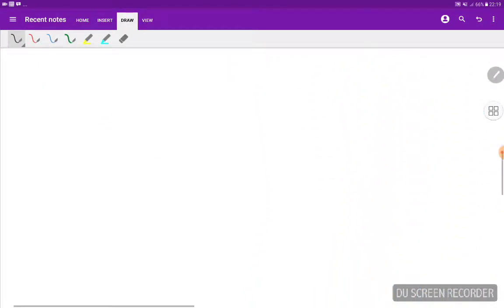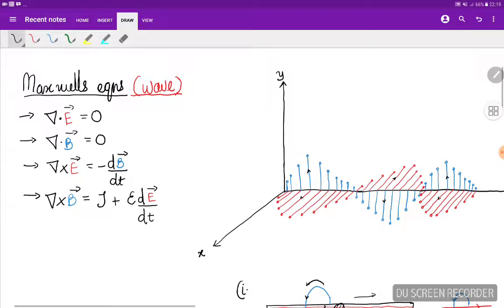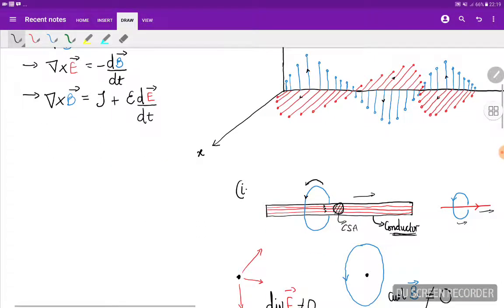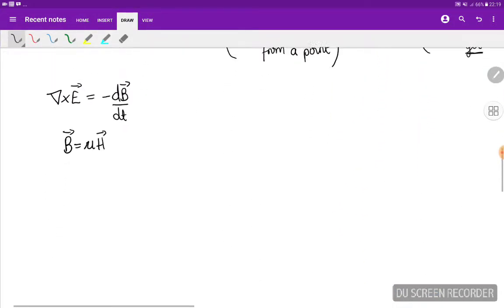I start with curl E equal to minus dB/dt, but B is equal to mu H. So I can replace all the B's with mu H. The last one, curl B, is equal to J plus epsilon dE/dt, so I can just replace that with H.